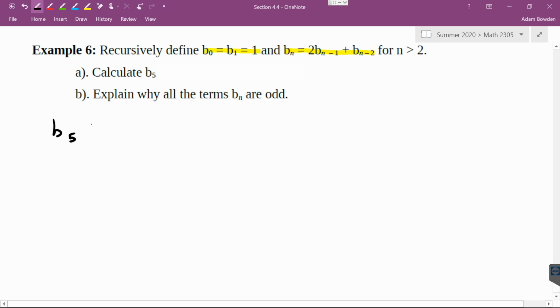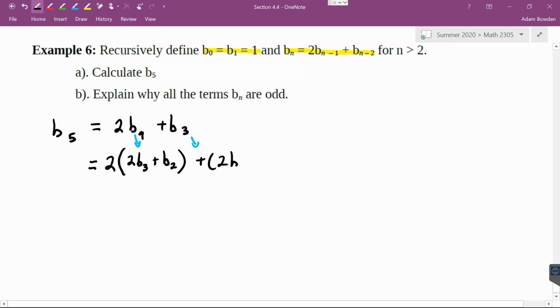So b of 5, by definition, would be equal to 2 b sub 4 plus b sub 3. Now b sub 4 can be calculated as 2 b sub 3 plus b sub 2. b sub 3 can be calculated as 2 b sub 2 plus b sub 1.